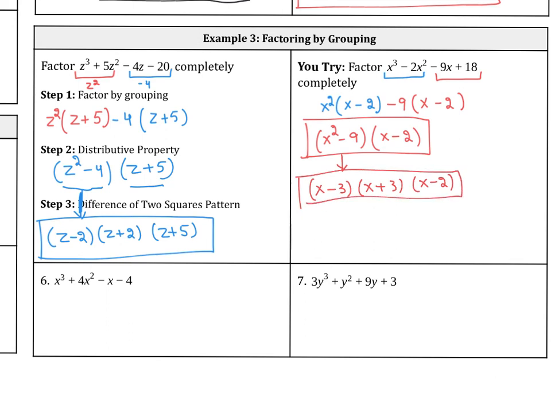Next is number 6. You're going to make two groups again for these four terms. The first group has x to the power 2 common, and inside you have x plus 4. And then the second group has a negative 1 outside, and you have x plus 4. We have two terms now.